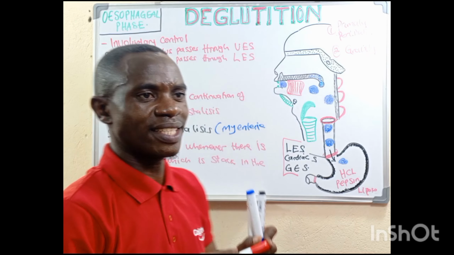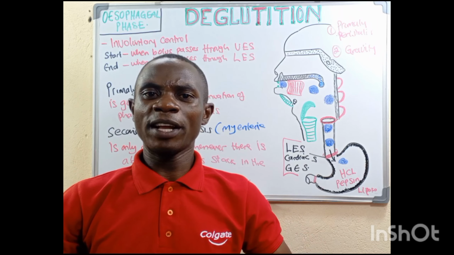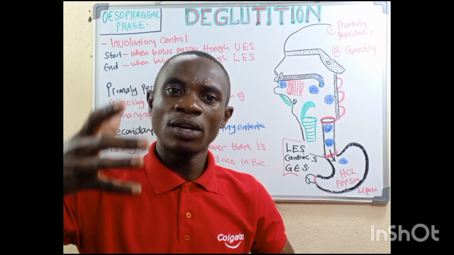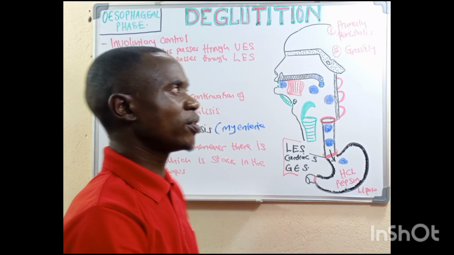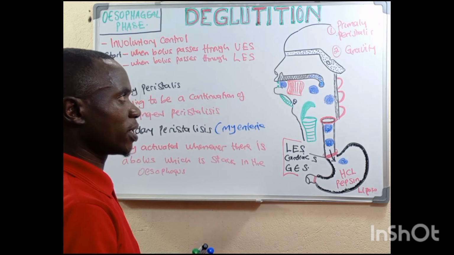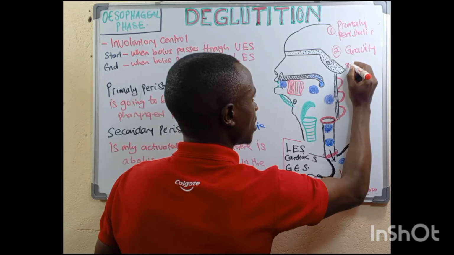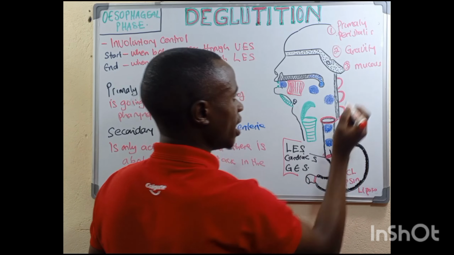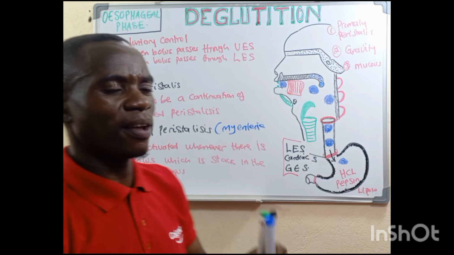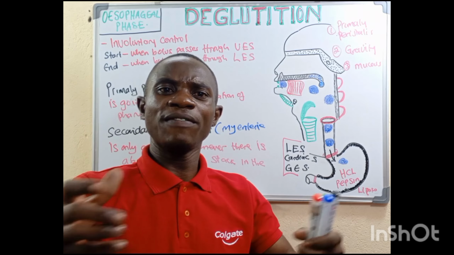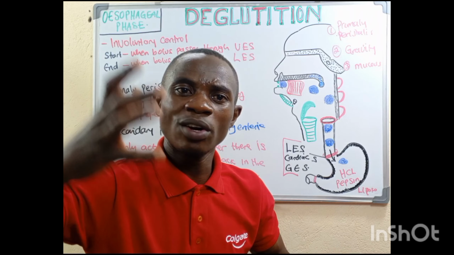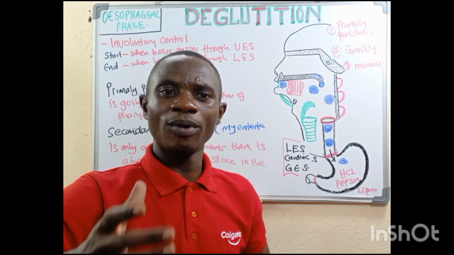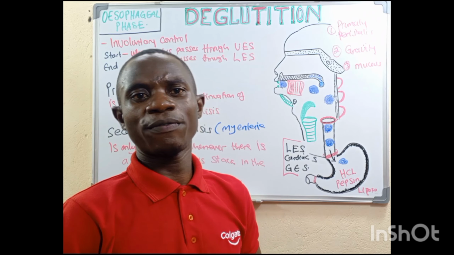Whenever someone is eating and you are swallowing, when you're in an upright position, it also adds to the downward movement of the bolus. Okay, and the last one is going to be the mucus. Okay, esophageal mucus. So now, if the esophagus is having a lot of mucus, that will also lubricate the downward movement of the bolus by reducing friction.